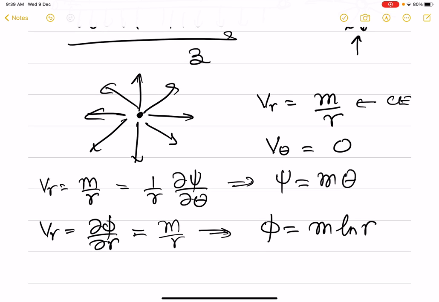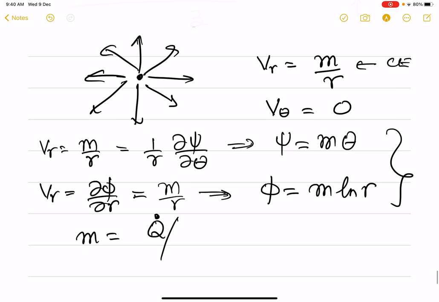So therefore this flow, psi is equal to m theta and the corresponding phi is equal to m log r, and m, if we try to put it in terms of the physical flow rate, will be equal to q dot by 2 pi b, where b is the length in the z direction.